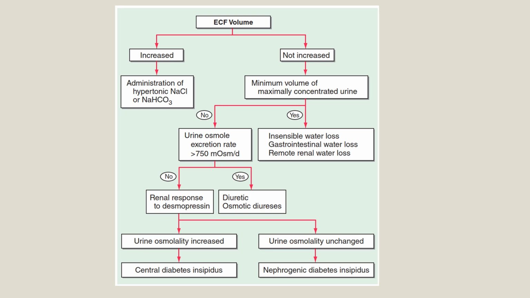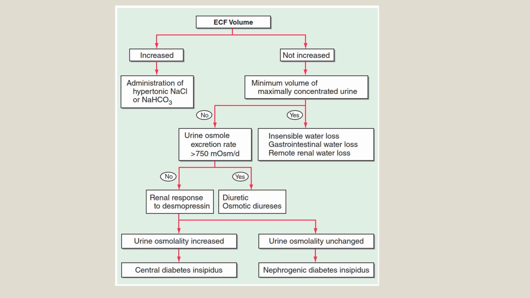If it is more than 750, then it's usually diuretic or osmotic diuresis, so DKA, HHS, or use of thiazides, Lasix, etc. Now, if the urine osmol excretion rate is not more than 750 milliosmoles per day, then we give the patient desmopressin. If he has urine osmolality increase, then this is simply a case of central diabetes insipidus.